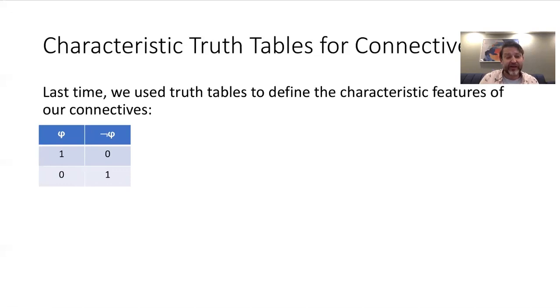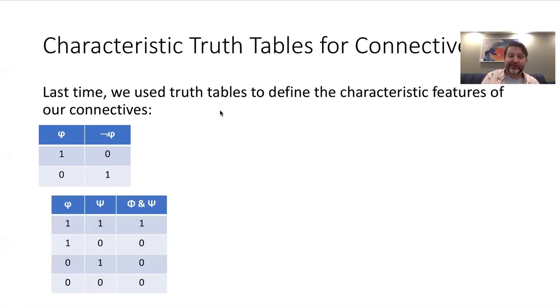So this little truth table tells us what the value of these connectives is going to be in instances where the underlying sentence that's modified with the connective has different values. If the underlying sentence is true, then negation phi will be false. And if phi is false, then negation phi will be true. So a truth table can be used to define the features of connectives, and we've seen this with other of our connectives too.